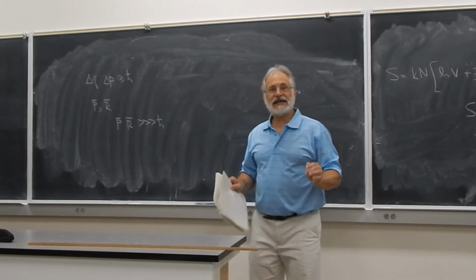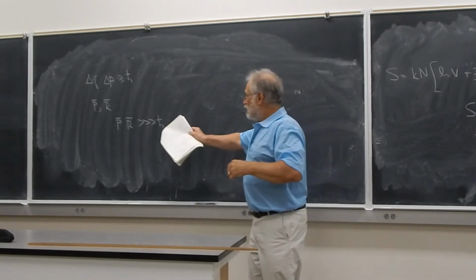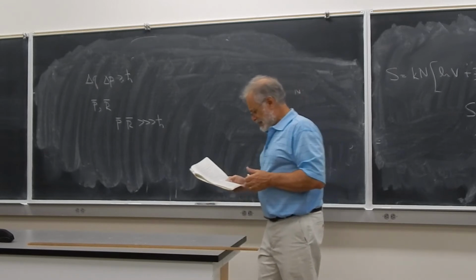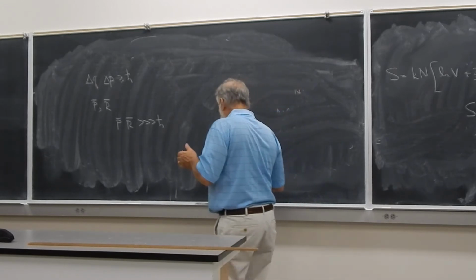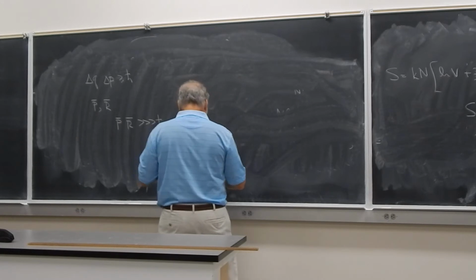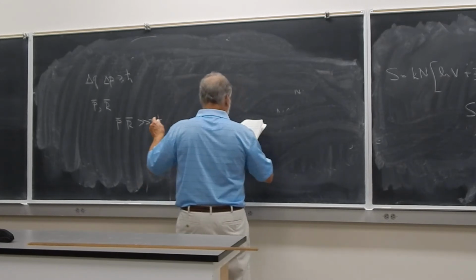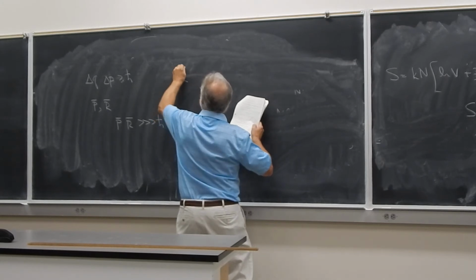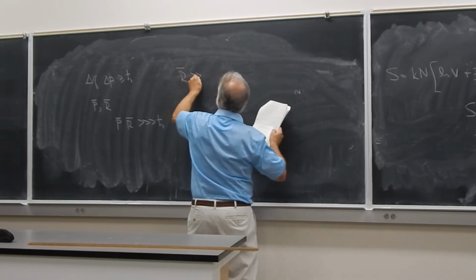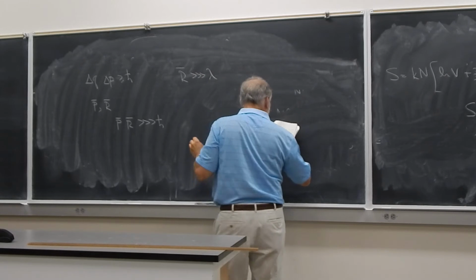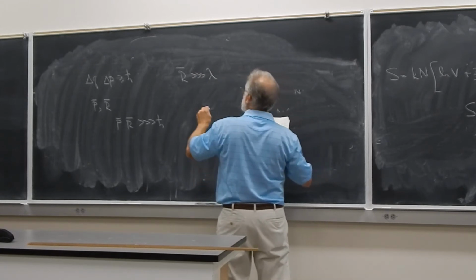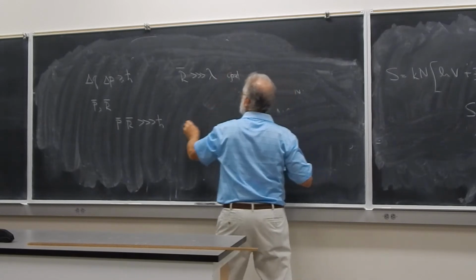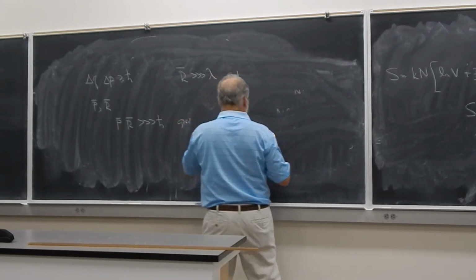As long as that's the case, classical statistics will work. It will be valid. Let's take that a step further. Equivalently, we could say if the mean separation is much, much greater than the de Broglie wavelength, classical considerations work. So this is good for classical.